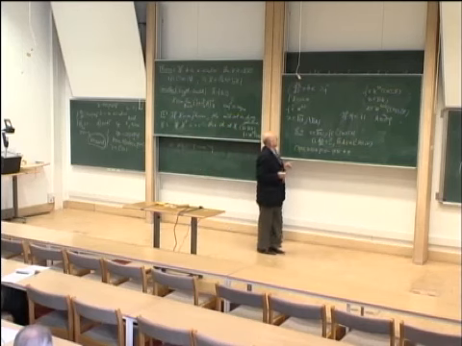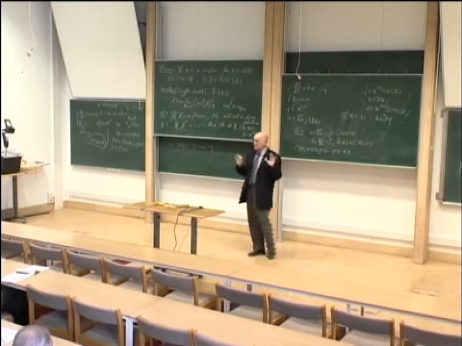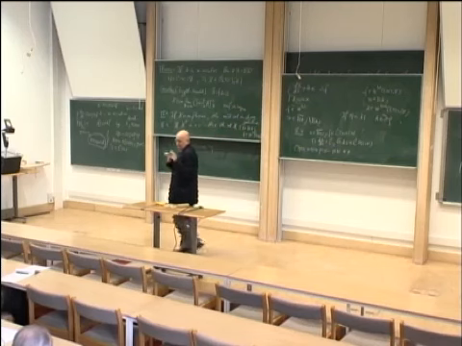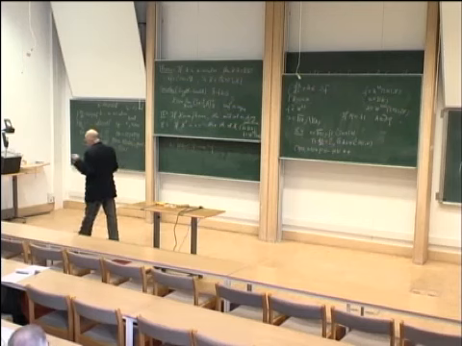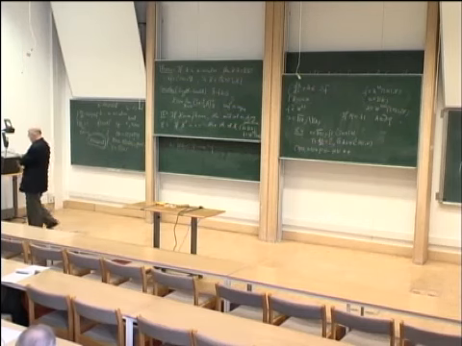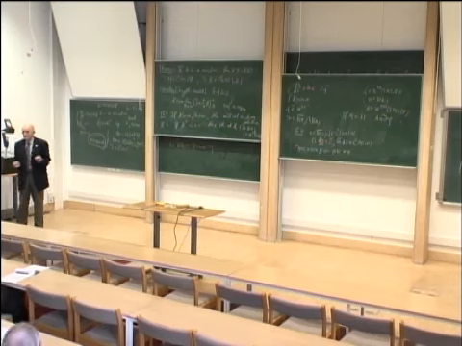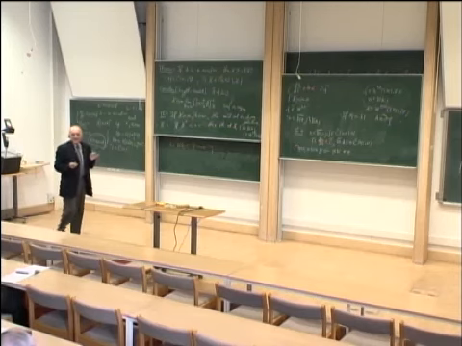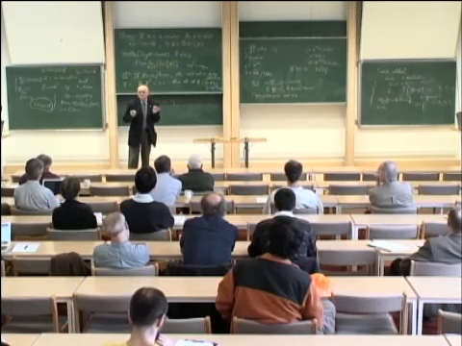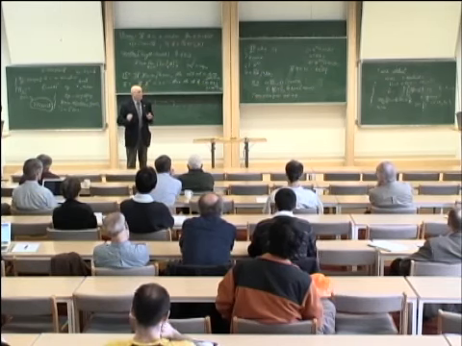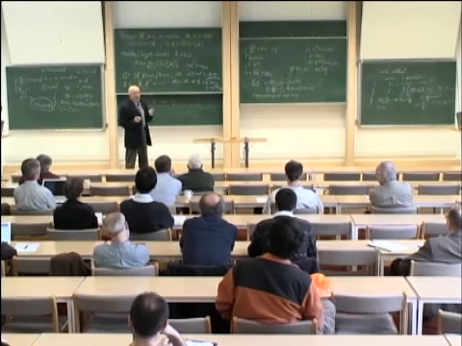Now, I want to stop here with the general results, because there are many others. I want now to give examples, to see which are the problems to which the general theory applies.